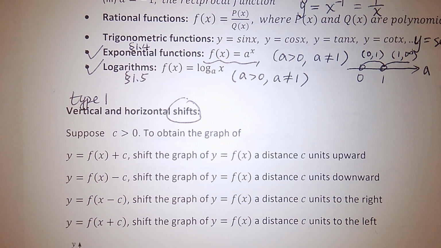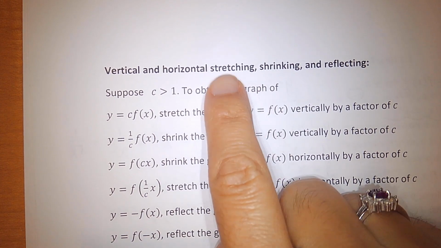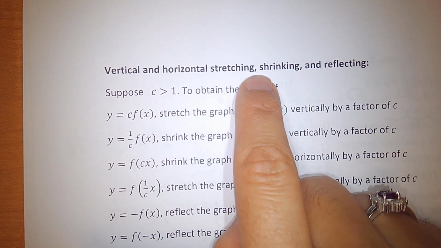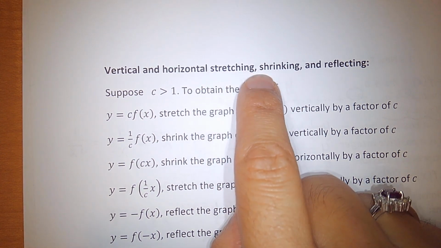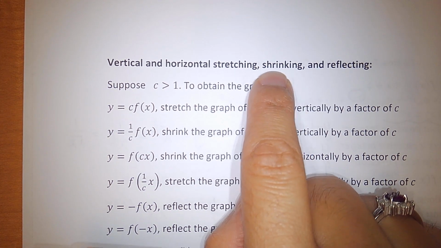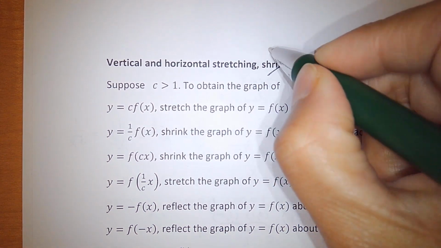Do you still remember the second and the third type of the transformation? The second type is stretching and compressing. It's called stretching and shrinking. Well, I don't like the word shrinking, so it's called compressing.